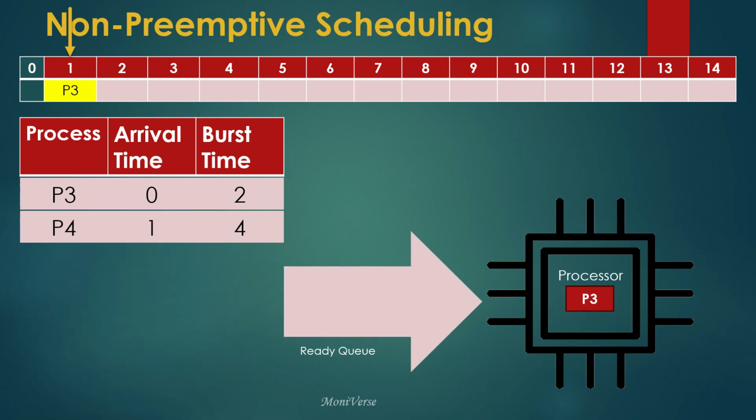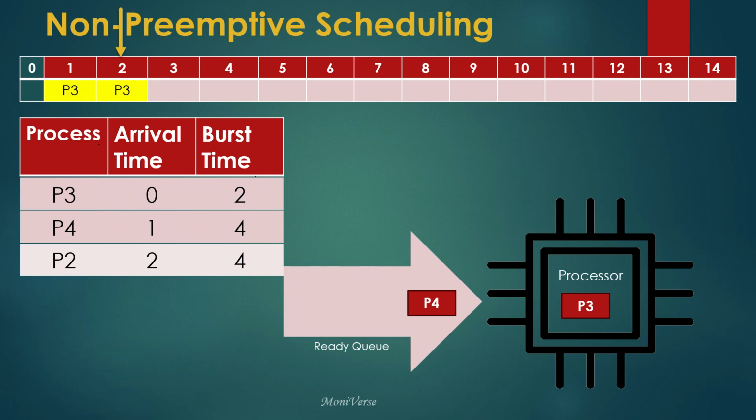When it is being executed, another process P4 enters the ready queue with a burst time of 4. As it is a non-preemptive scheduling, the process which had recently joined the ready queue has not been considered, and P3 is going on executing, right?